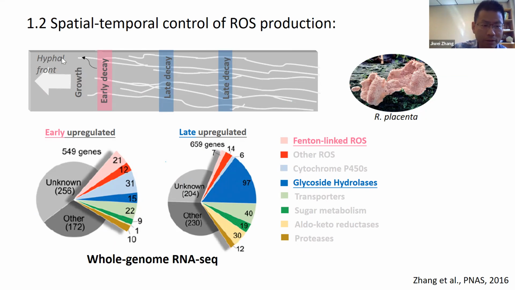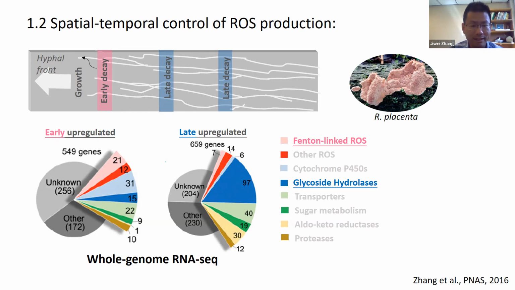We call them wood wafers. Then we can separate the early decay stages from the late decay stages, and we can track the activities of the fungi or wood decay activities along these different decay stages.